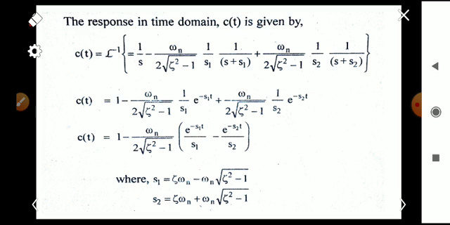Instead of b and c, we just substitute these values.